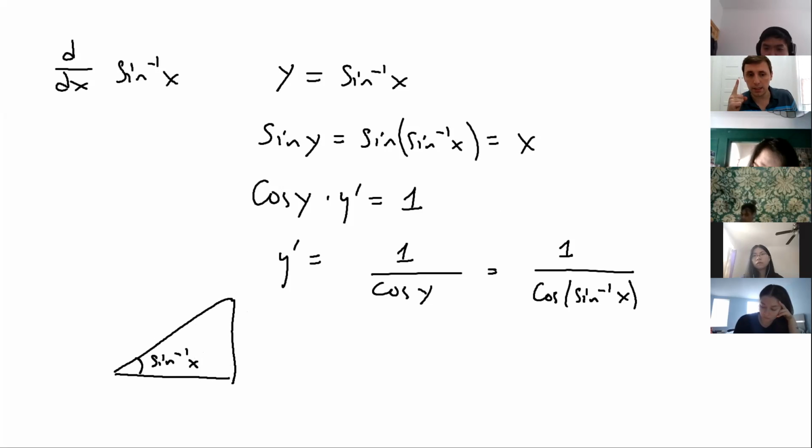Look, think about it again, guys. Sine inverse of x means I am the angle that if you apply sine to me, you will get x. But if you apply sine to an angle, you take the ratio of opposite to hypotenuse, yes? Now, that means that opposite is x, hypotenuse is 1.